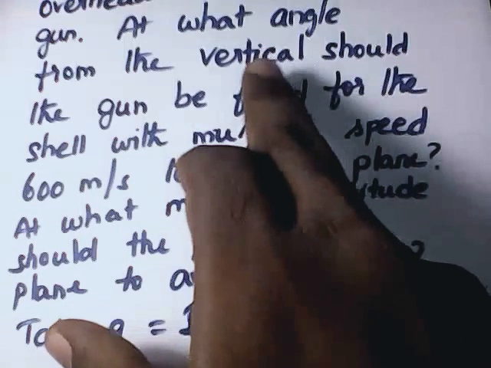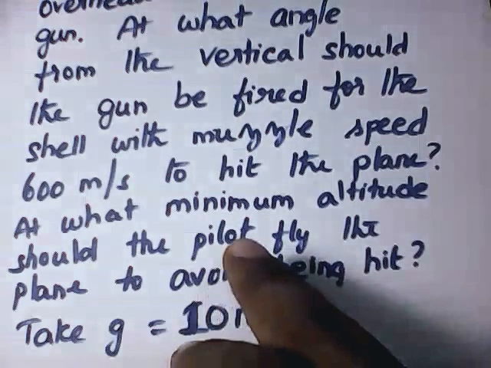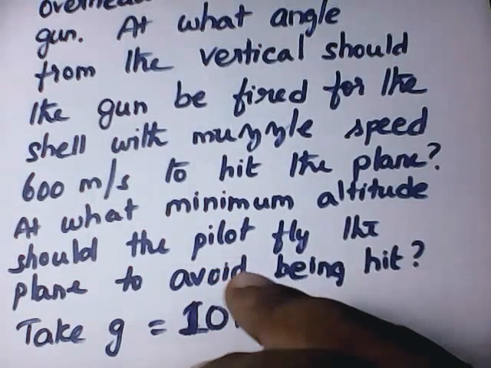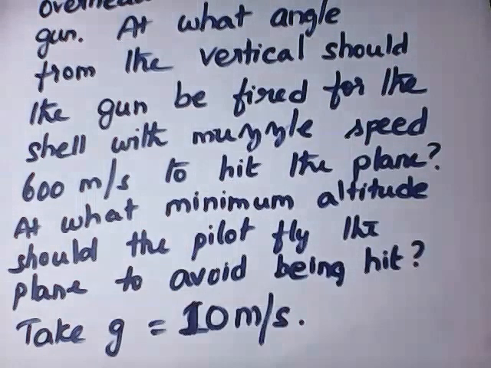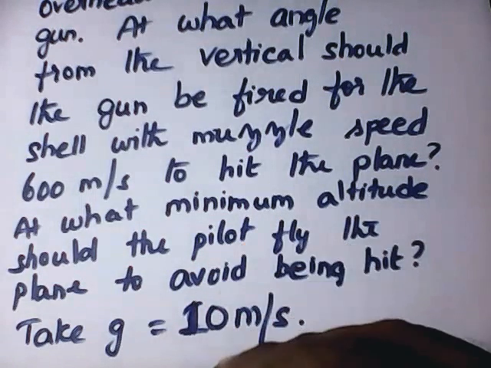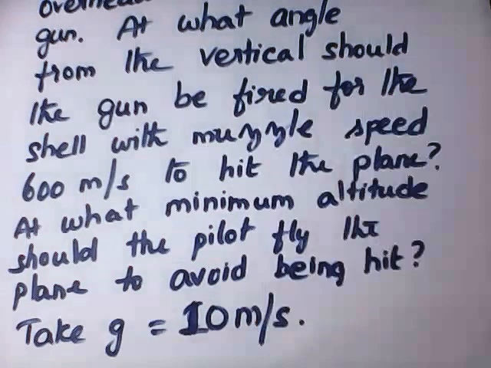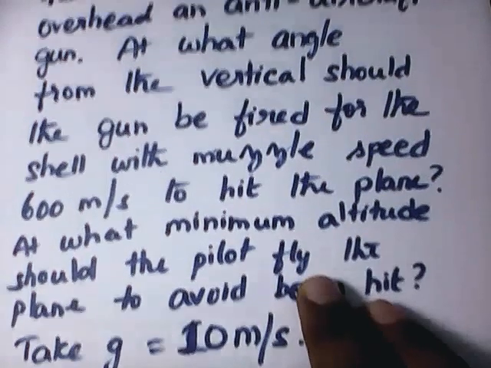That vertical theta should be used here, so that the pilot should fly higher than that maximum height to avoid being hit. So this is the basic logic behind the question. If you understand the logic, you can solve it. I repeat the logic behind it.